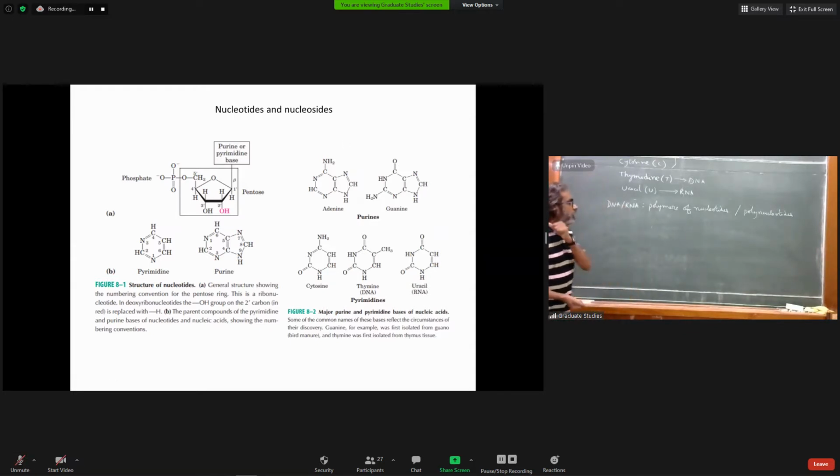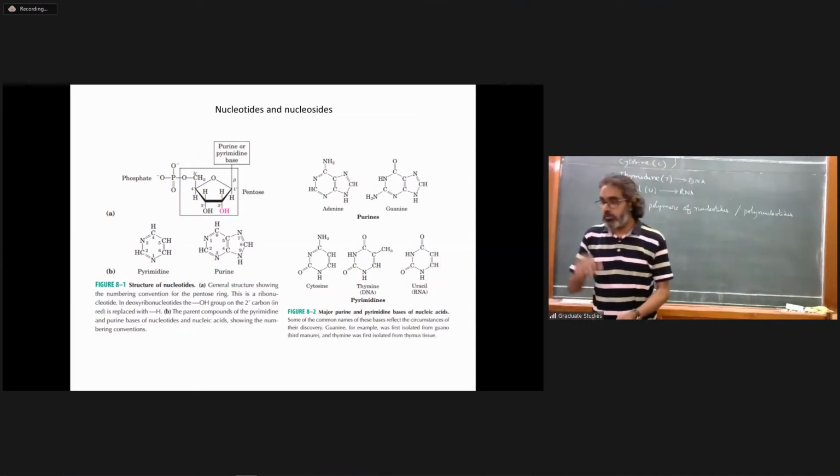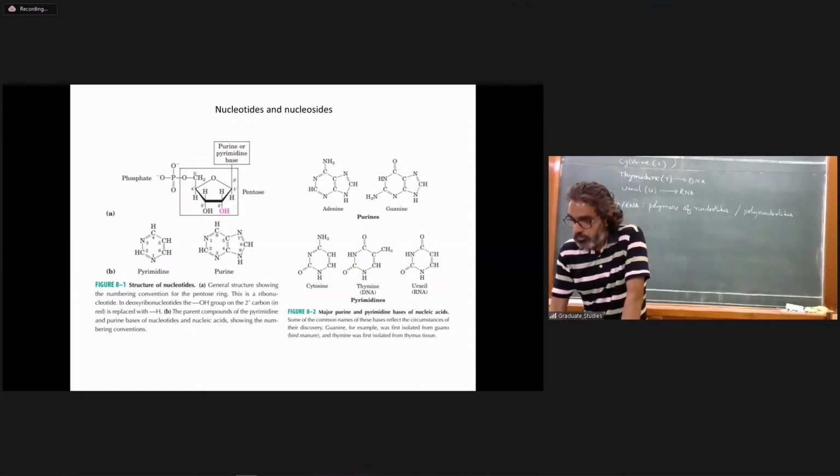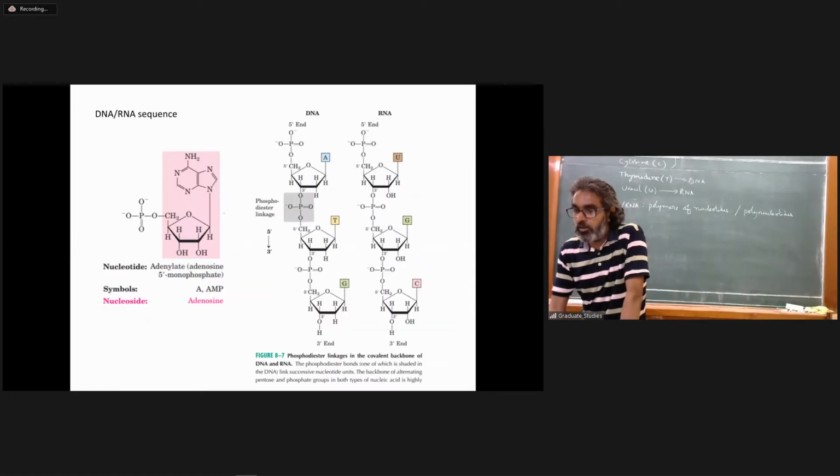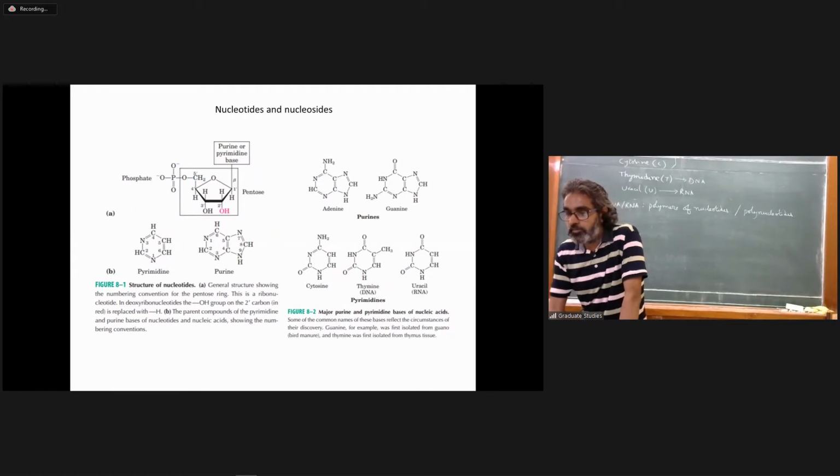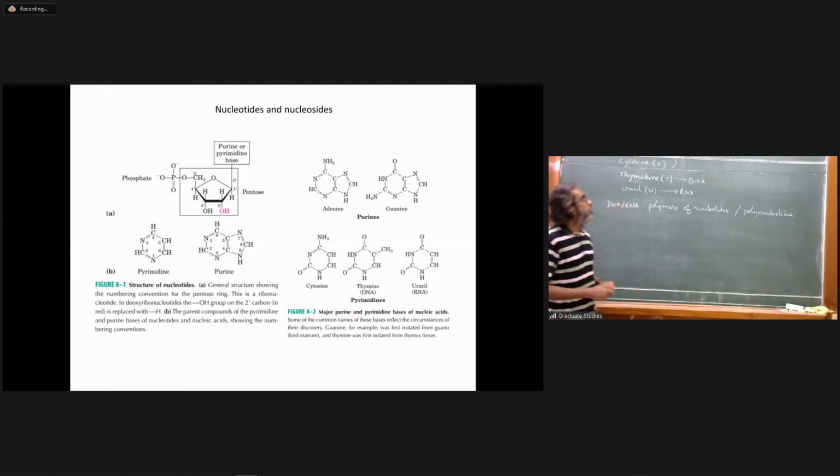So it's good to actually practice these structures as a chemistry student, so that if you do it once or twice, then at least you'll be able to appreciate the differences when you see these structures again, let's say in research papers or elsewhere. So then we know the basic nucleotide structure, or the framework.